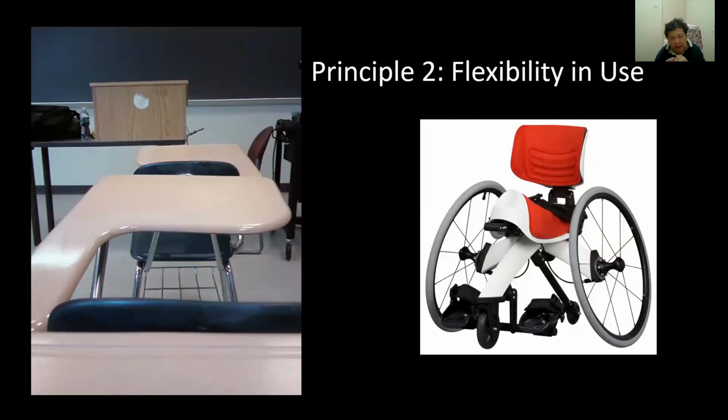So here on the left is the choice to actually sit in the classroom and choose a table that was designed whether I'm left-handed or right-handed. This is beautiful, where I have that choice, and choice is such an important thing.